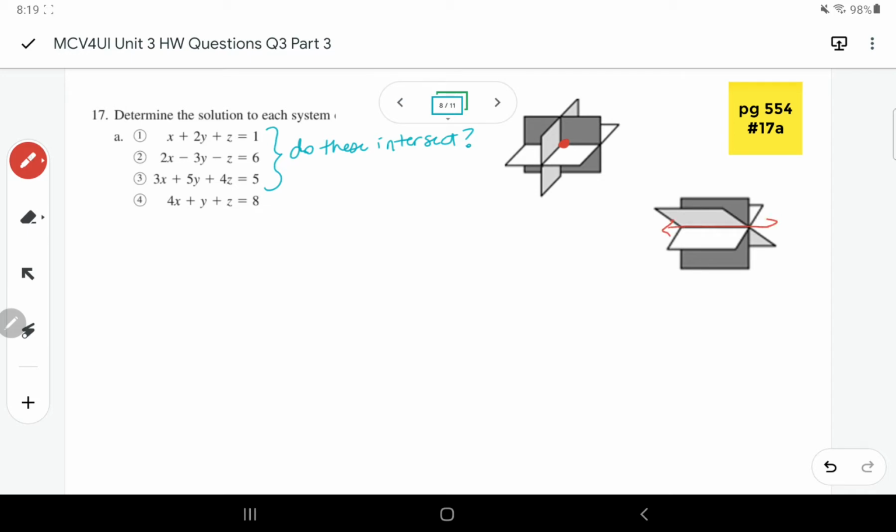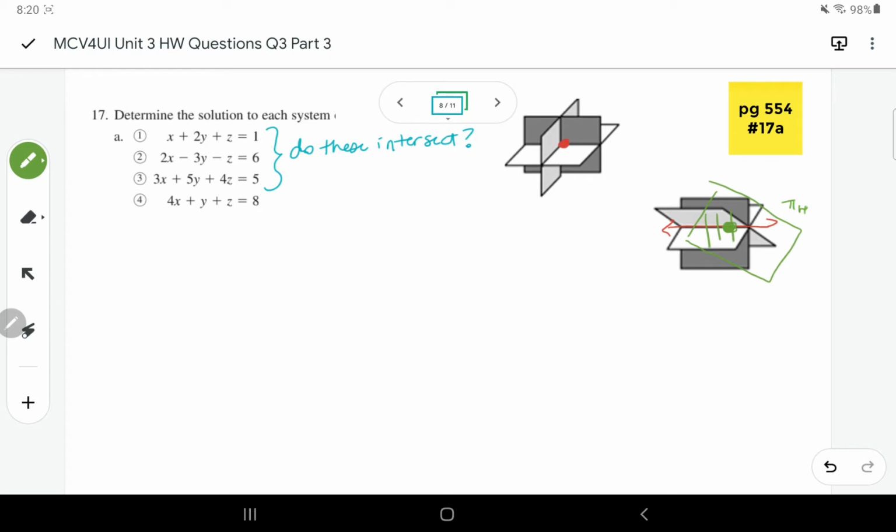If we throw in now a 4th plane, if they intersect in this line, that 4th plane could kind of go anywhere like that, and there would be a point of intersection of that line with plane 4.